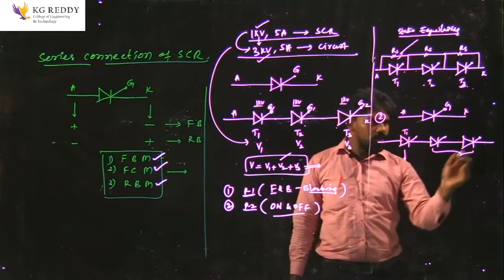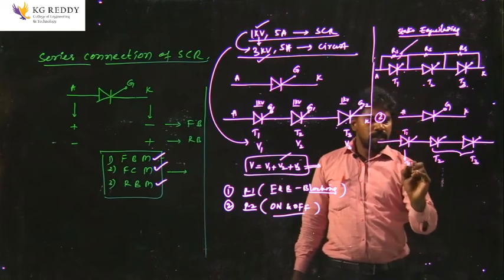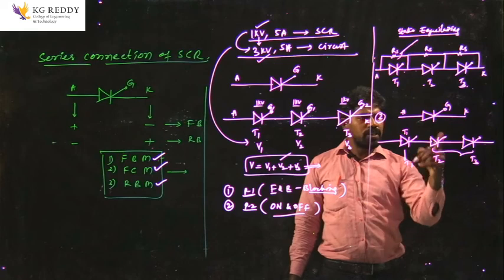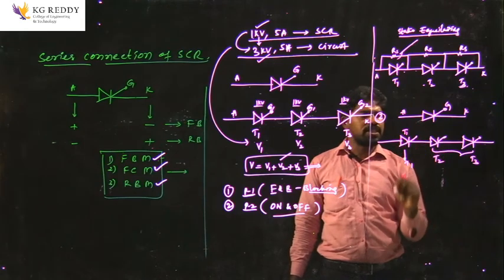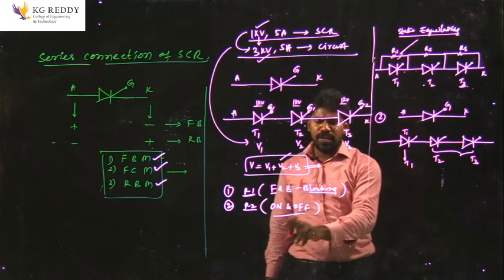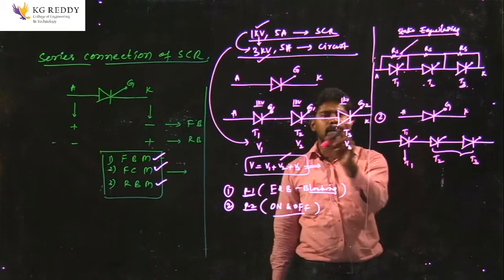Suppose T2 turns off first, then the entire overloading falls on T2 and it may be damaged. These are the turn on and turn off problems we face practically when connecting SCRs in series.